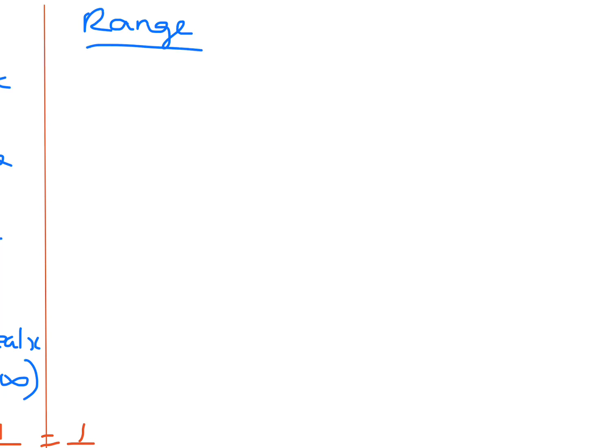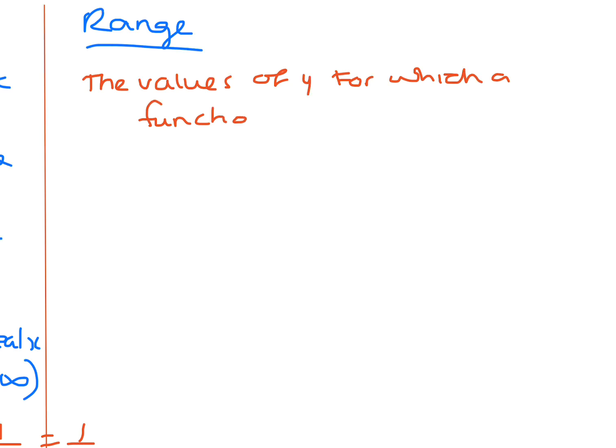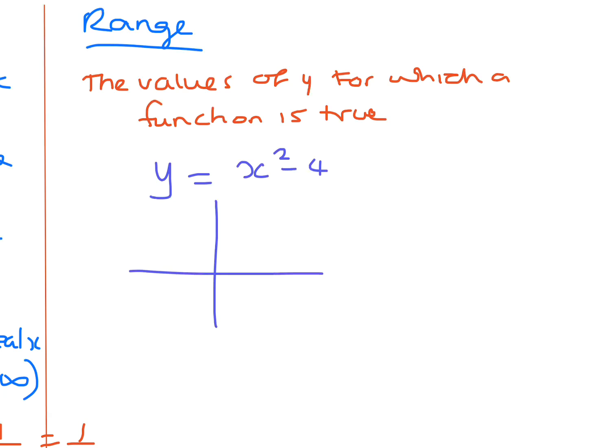So the range is the values of y for which a function is true. Say you have y equals x squared minus 4. That's a parabola, and you go down to minus 4. That will be minus 2 and 2. So what values of y is it true for?